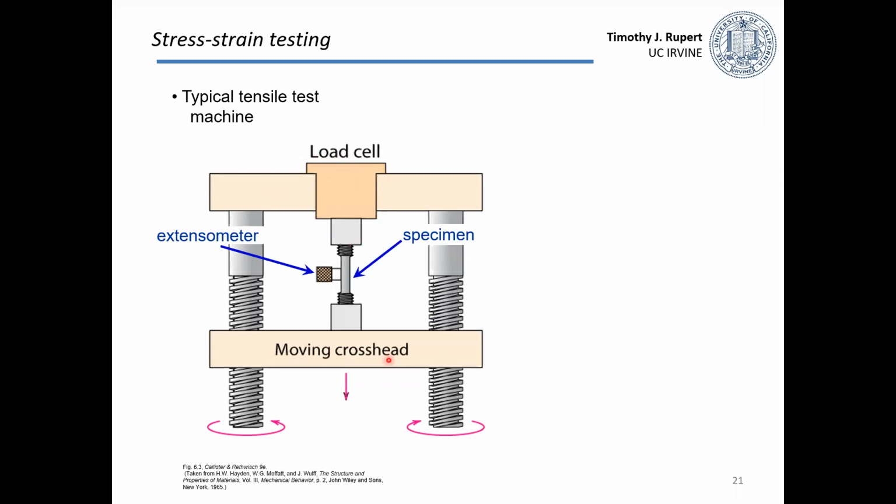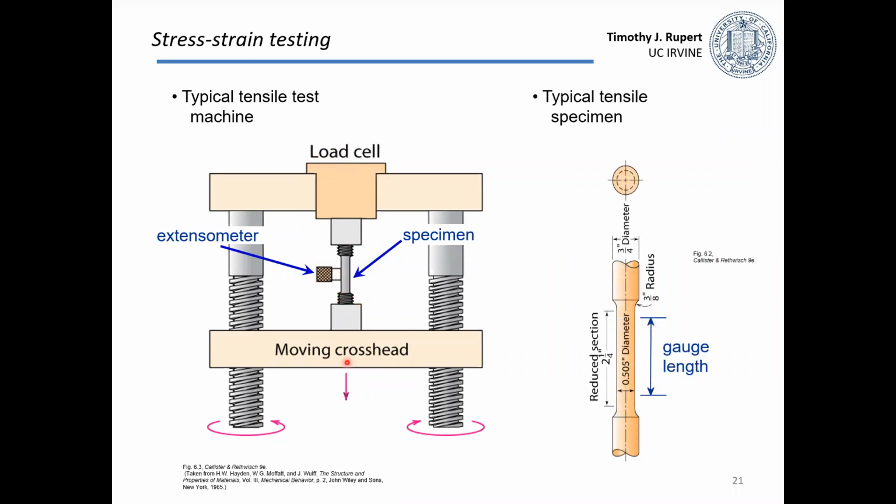Once we have that force and displacement and we know the geometry of our sample, we can calculate stress and strain. Sometimes you'll even try to take direct measurements of how much the sample itself is deforming, rather than just using the crosshead values. On the right here is just showing a typical tensile type of sample.